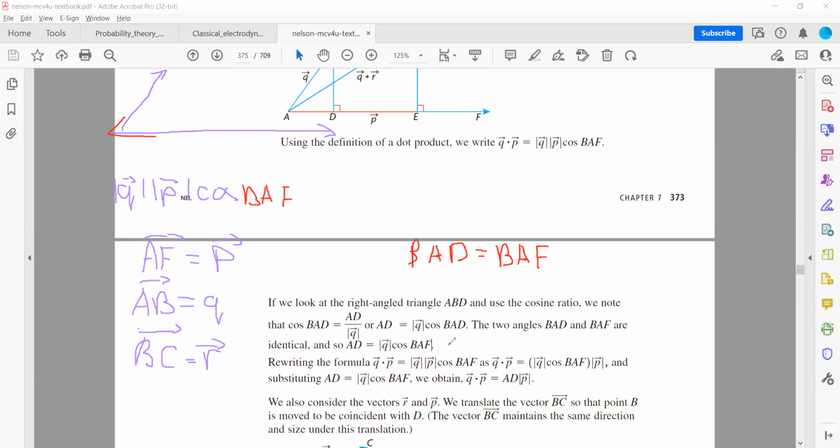Now we will rewrite the initial formula while replacing in this particular case.